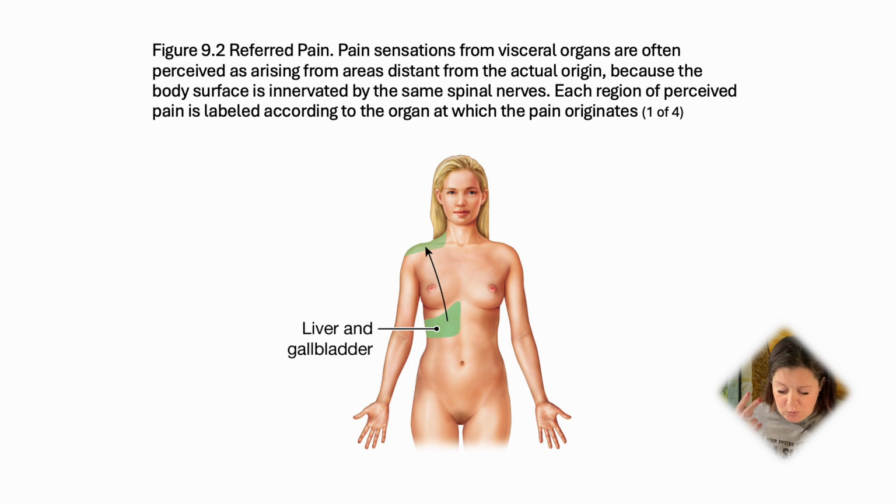There are two ways that pain is communicated back to the central nervous system. It is through myelinated or unmyelinated fibers.